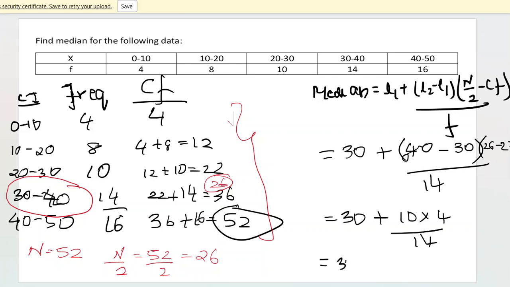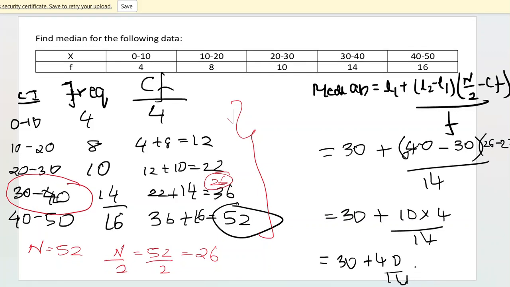So, we get 30 plus 40 upon 14. Now 40 upon 14 is 2.85. 30 plus 2.85, we get the answer as 32.85.